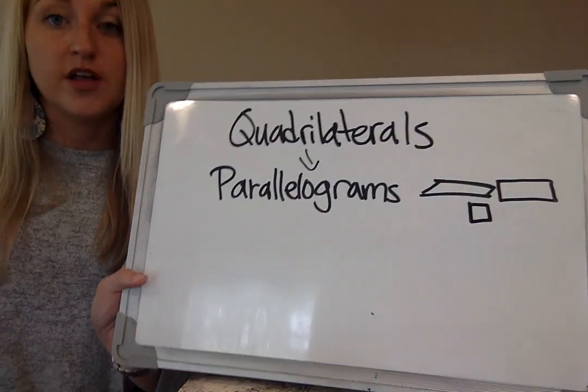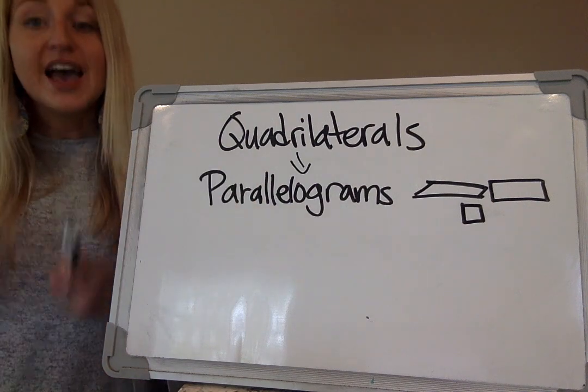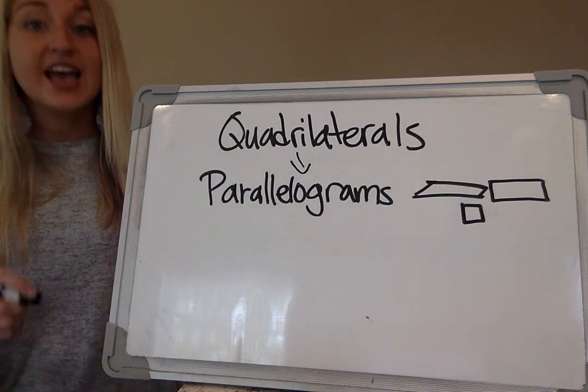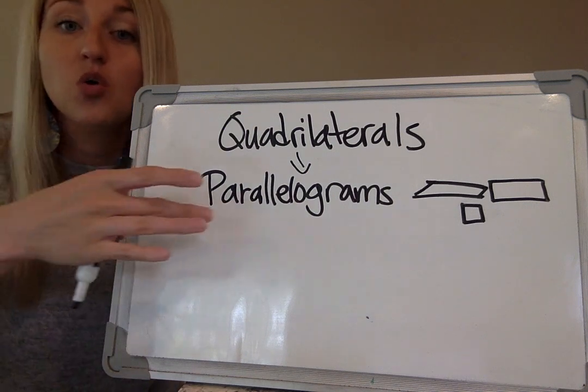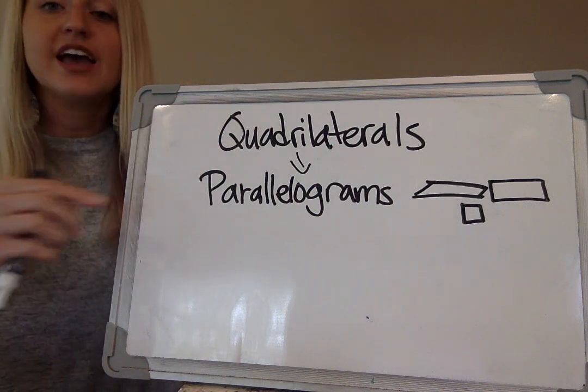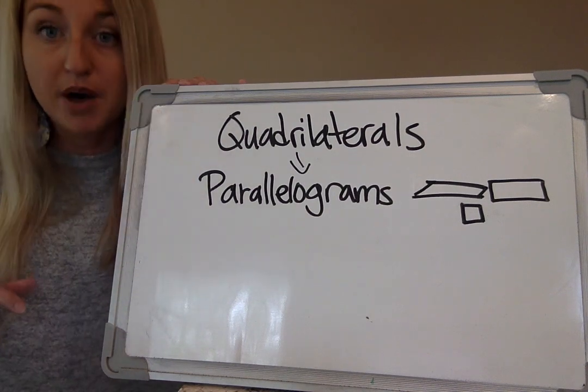This is also a parallelogram. I know this is not perfect, but all three of these shapes have two pair of parallel sides. And they also have four sides. They're also quadrilaterals. Because remember, every time you add something, it also has to be true for everything above it.